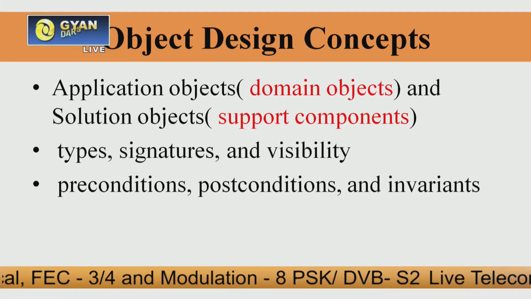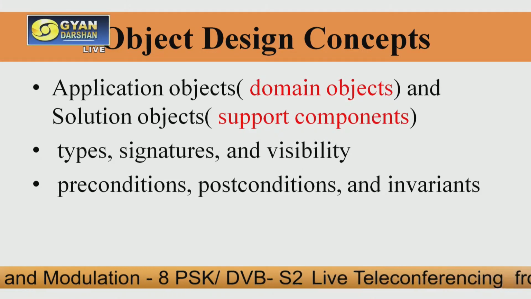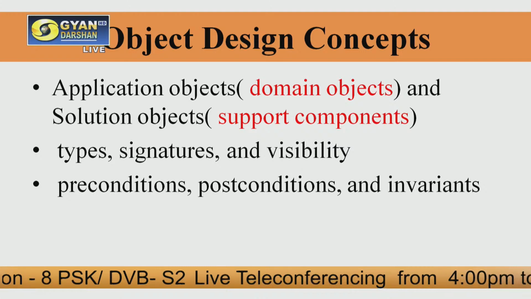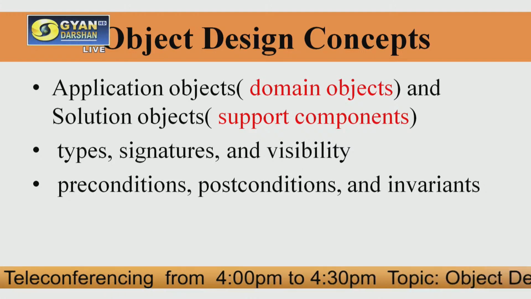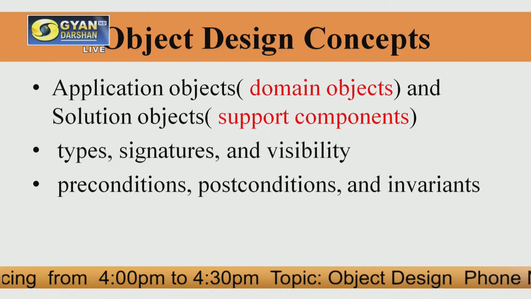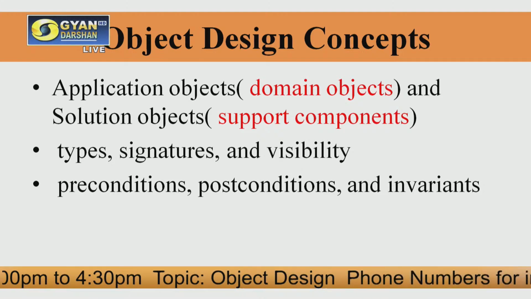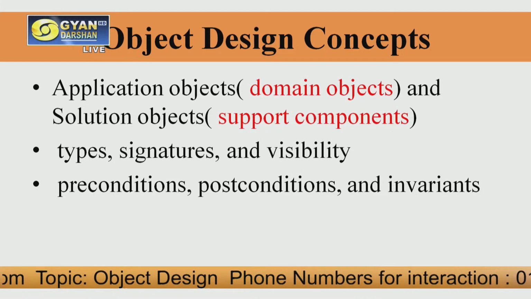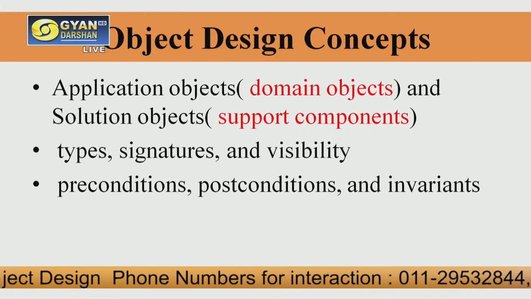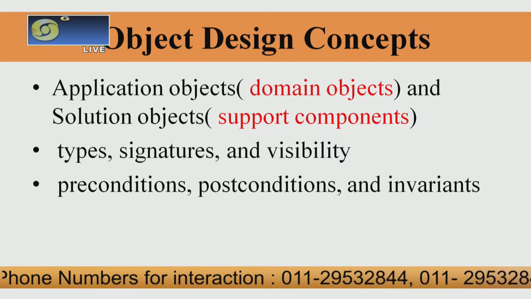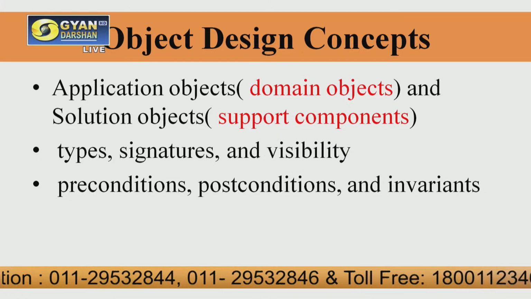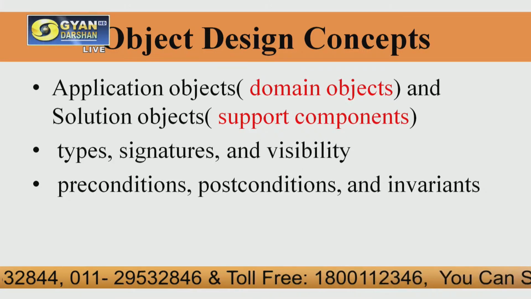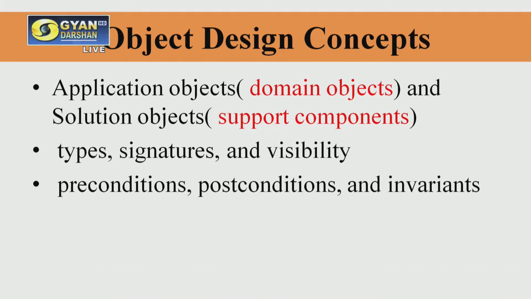These are all basic examples related to a learning management system or online learning management system. And then solution objects, some support components like how ports are being used for communication, how maintenance activities take place, how backup activities take place. These are all ready-made, available, and can be used as general purpose objects for different application development.